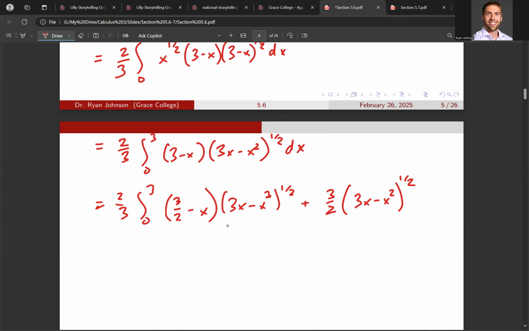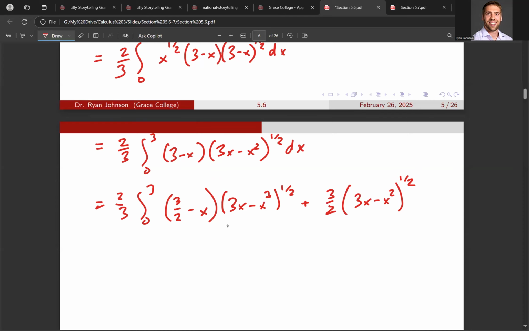Okay. Once I have a 3/2 here, this is the U substitution. If I move the 2 in here, it becomes a 3 minus 2x. So I'm ready for U substitution right here. Here, I would want to do completing the square and then an arctan. Okay.